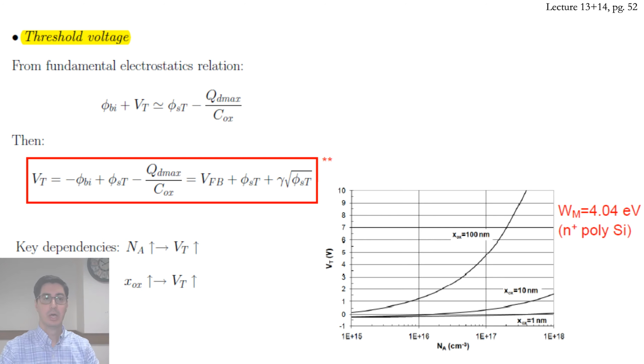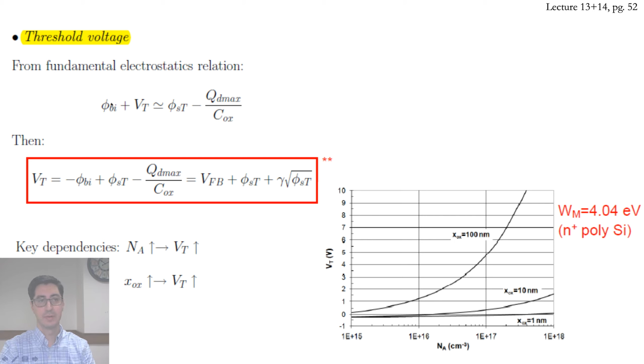So we know, once again, going back to our fundamental equation, the total potential drop across the structure is just equal to phi bi plus V, okay? And that has to equal phi s plus phi ox. And what we want to know is VT, the voltage.